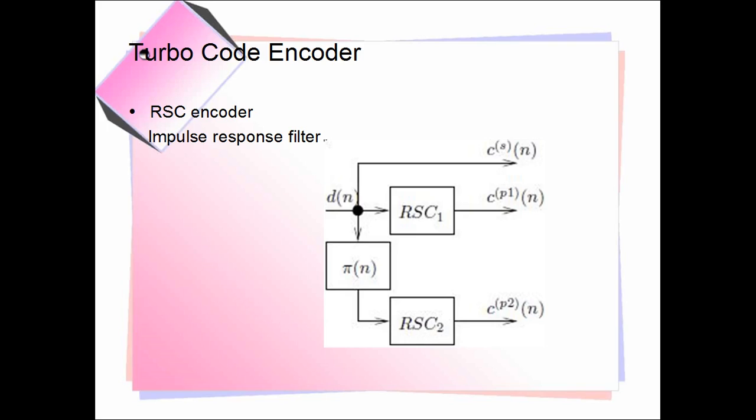Then the code word of CP2 is different from CP1. This scheme has an advantage. The same input sequence will produce totally different code words, and for the communication system this is a big advantage.